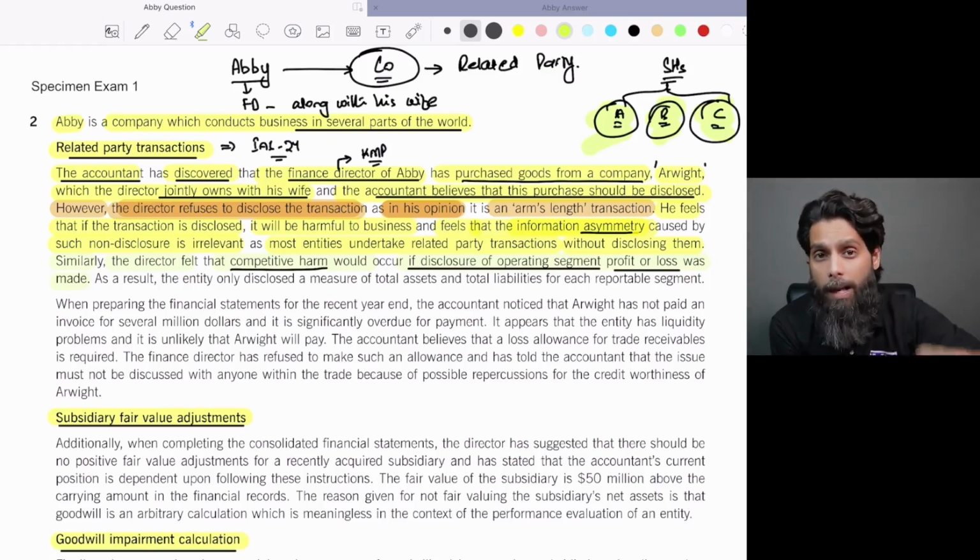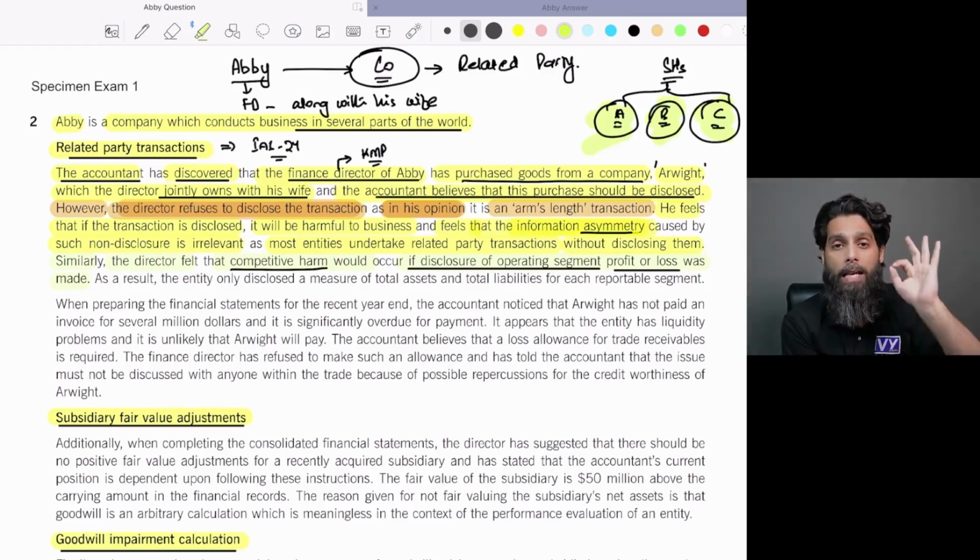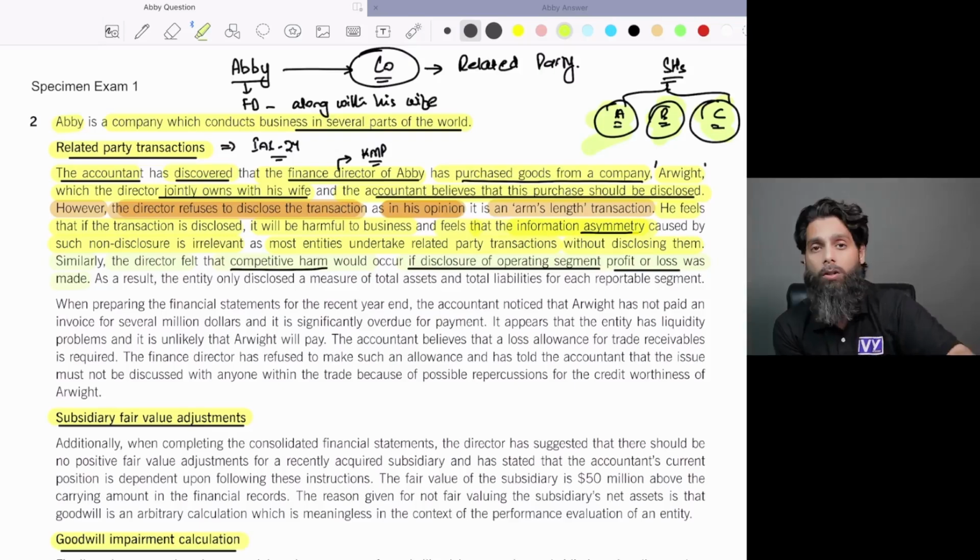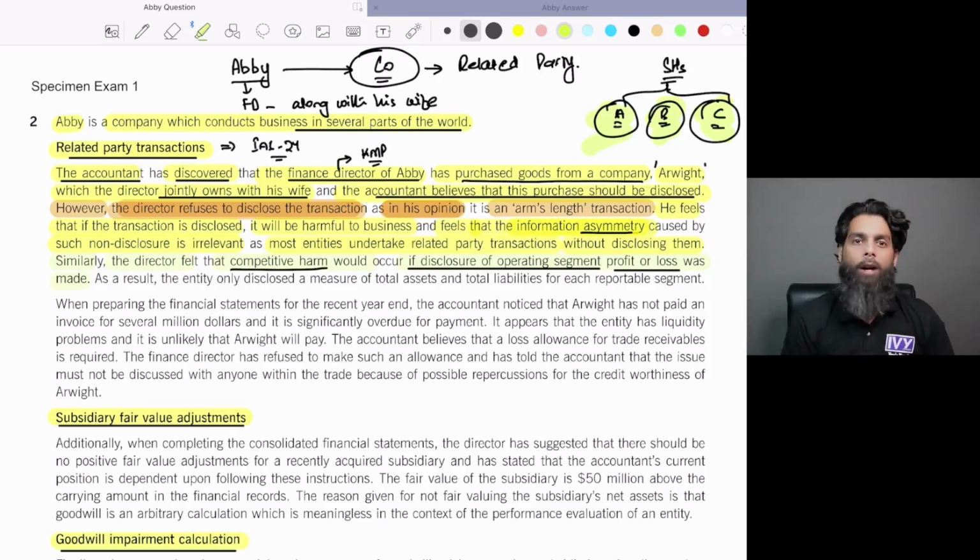That information must be provided to your shareholders, even if it comes at a cost of competitive harm. You cannot decide not to disclose a particular sort of information just because you feel, although it's relevant for your shareholders and investors, oh no, my competitors will know about me. You cannot just cherry pick and say, I'm not going to apply this accounting standard.